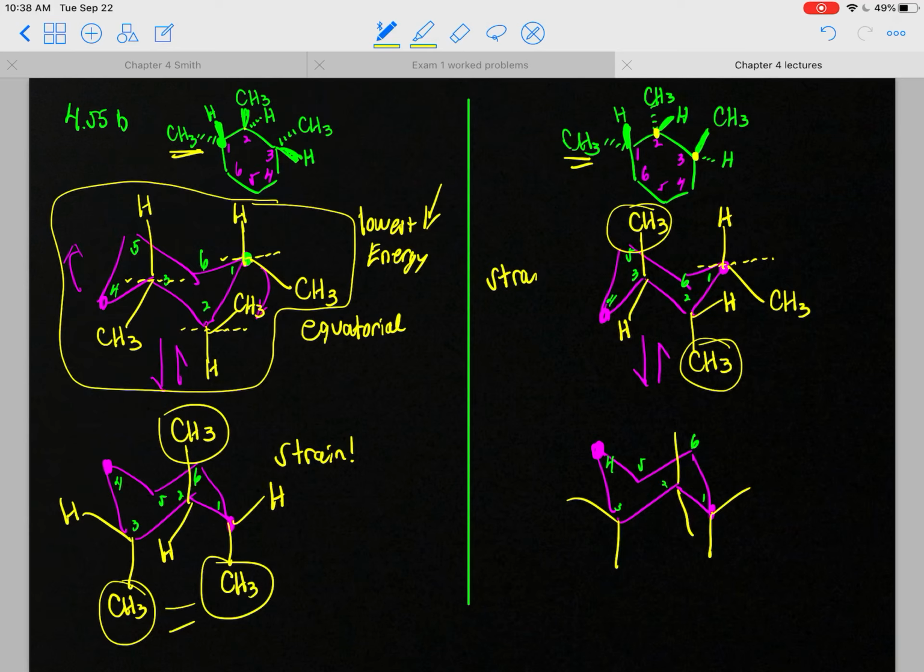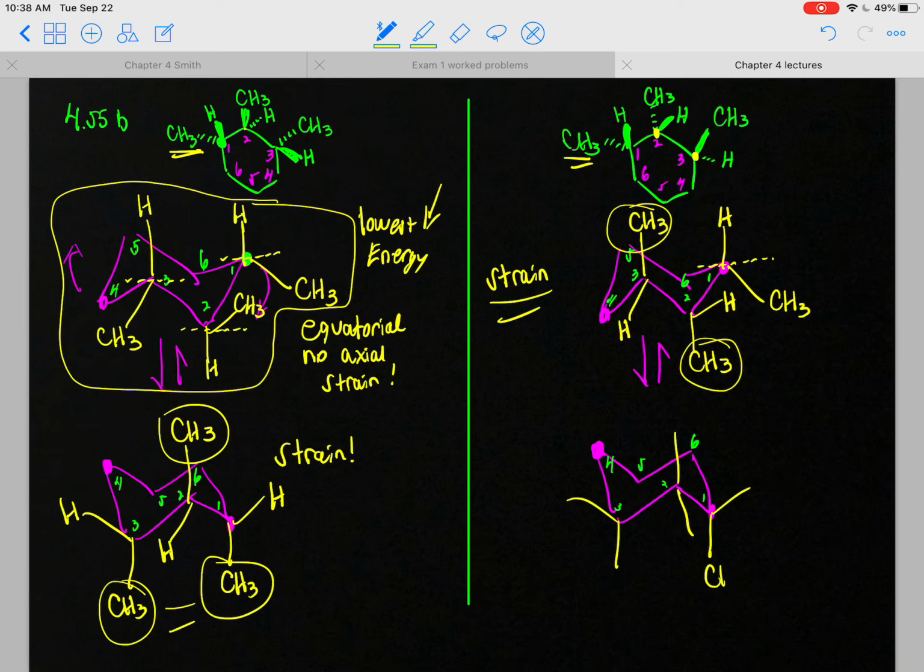So this molecule here has strain associated with it. This one, by the way, has no strain. Well, it has gauche interactions, but it has no axial strain. All right, so this has strain associated with it.